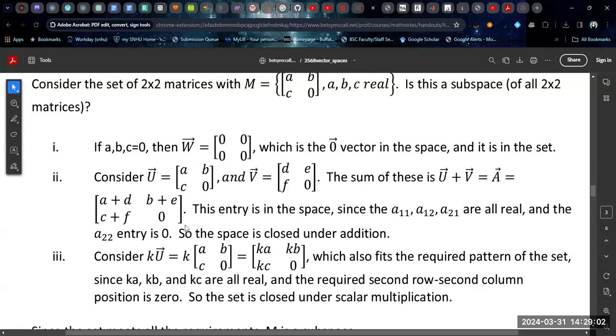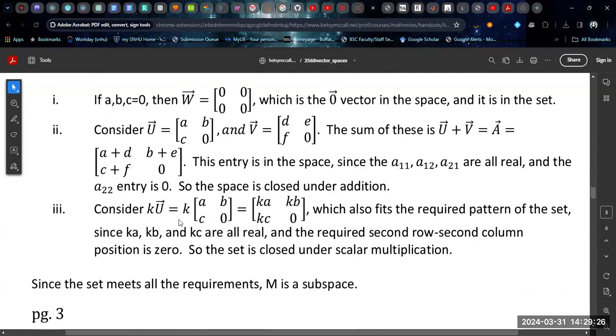What is their sum? Well, it's this. But all three of these entries, again, think about these positions here as the value of the A1 position, the value of the A2 position, the value of the A21 position. These are all real, so it satisfies this definition, and therefore the set is closed under addition.